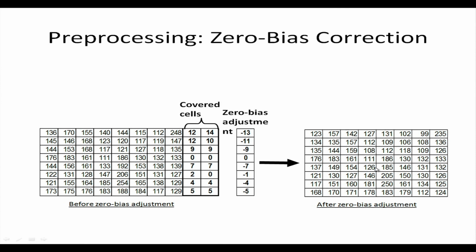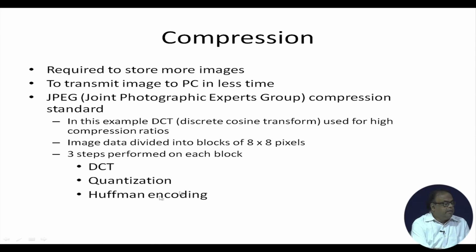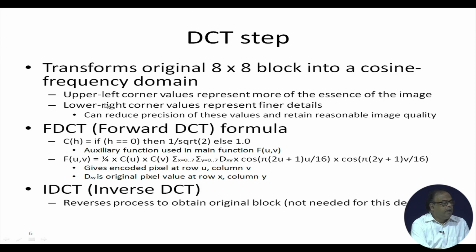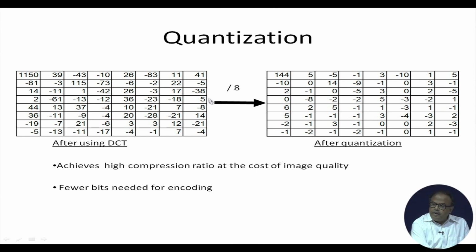Okay. Then I do some compression, and for compression we selected here the discrete cosine transform. As I do that, I get a matrix like this, which I quantize, and I get this matrix.